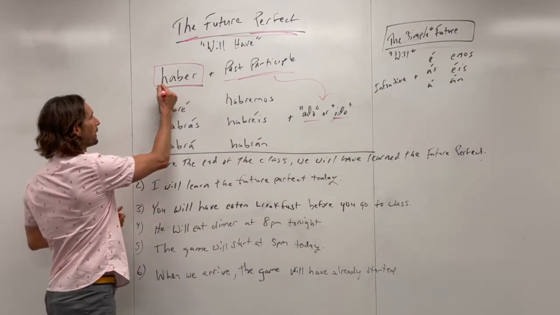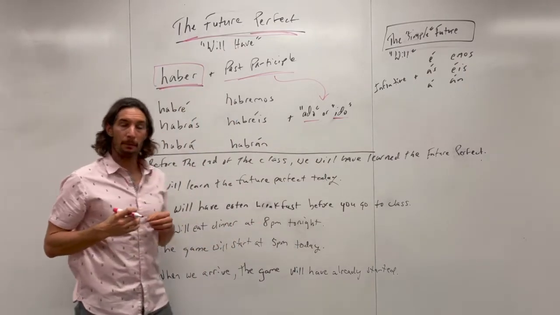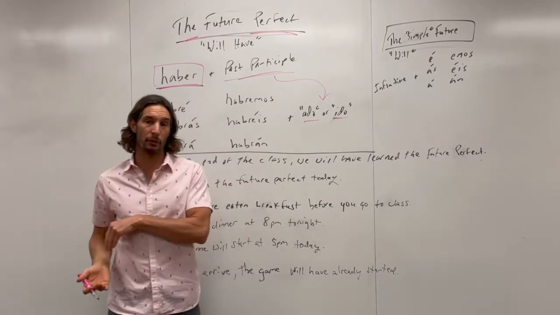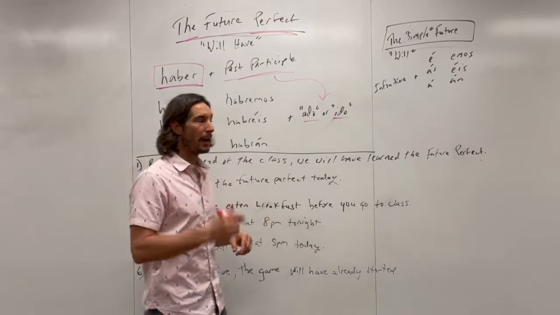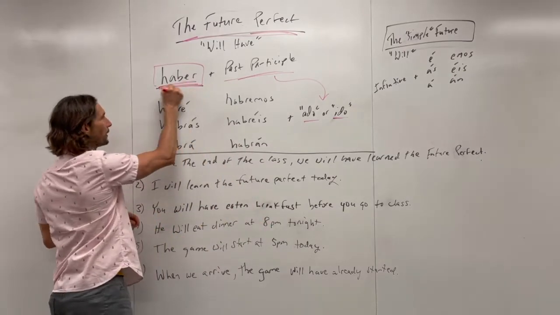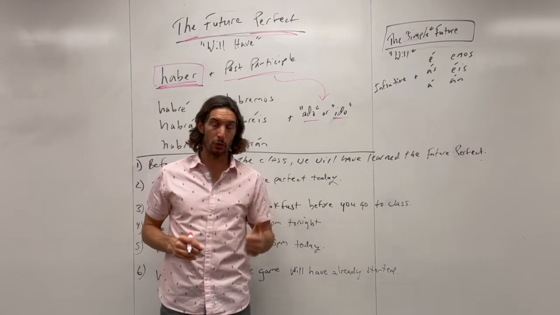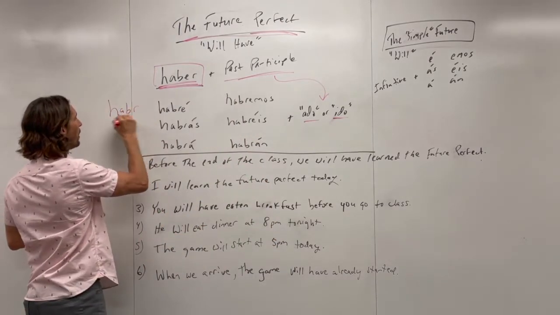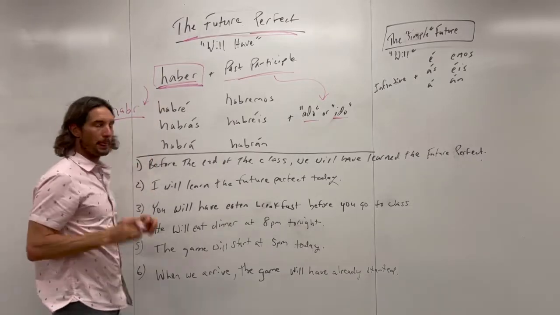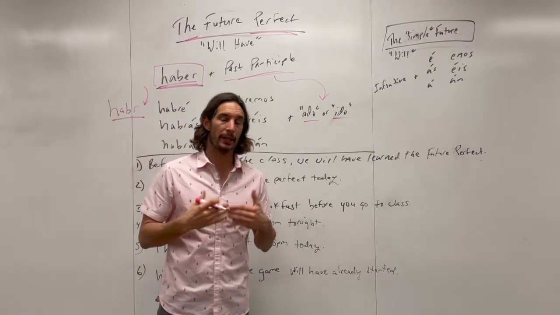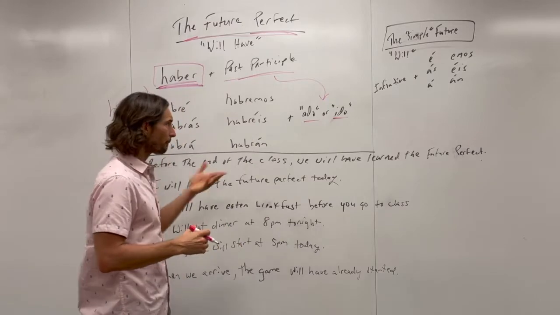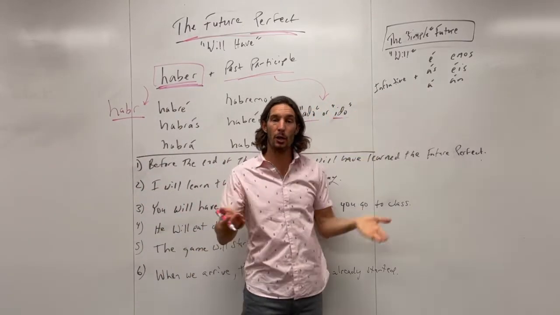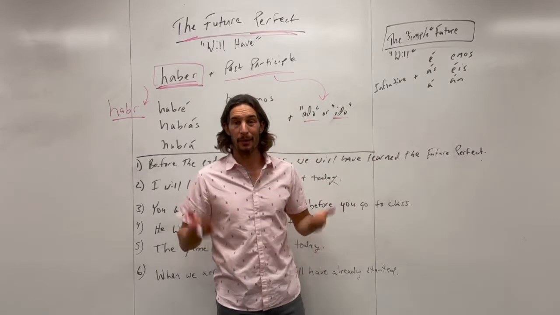Again, we have haber, and for those of you who have watched the conditional and the future videos, you'll know that haber in and of itself is an irregular verb for the future and the conditional, and its stem is HABR. We'll just put the ending right there after that R. Really all you're doing is putting the simple future endings onto haber; in other words, you're putting haber in the future tense.